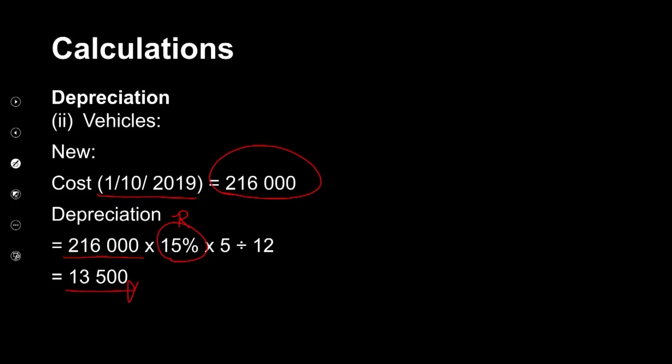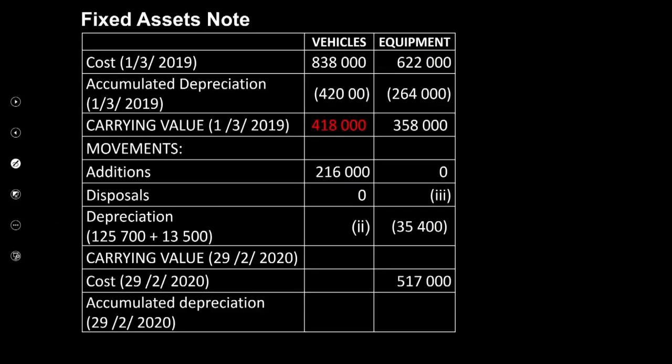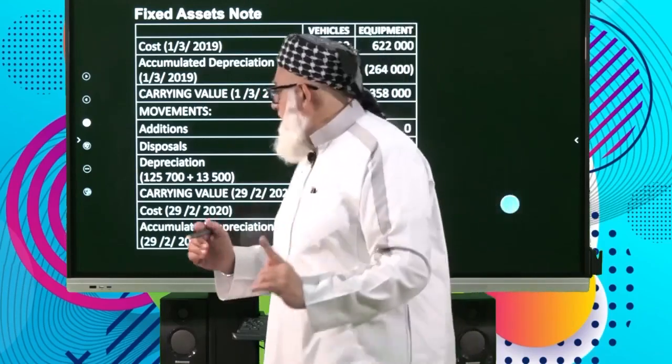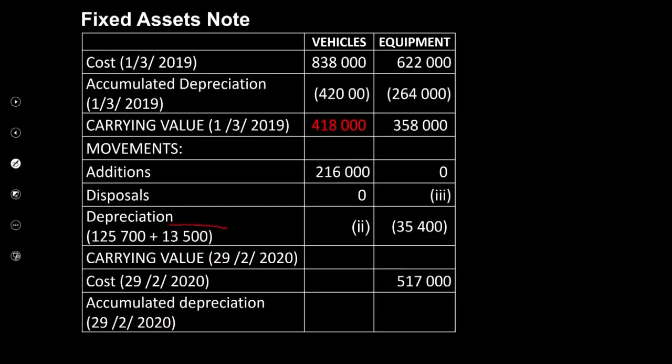Now watch this. We've always insisted that you show your calculations so that in the event of you making a mistake, you can always get part marks. Here we go. There you see it. There's my calculation. There's the old, there's the new. And the total, obviously, would be my depreciation.